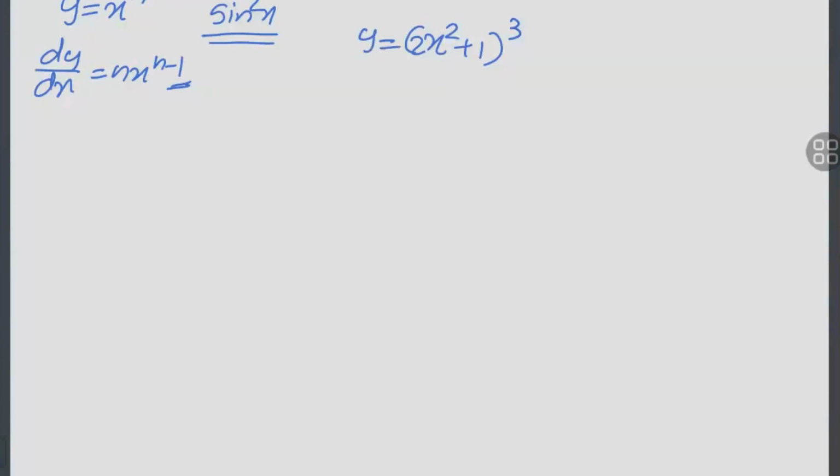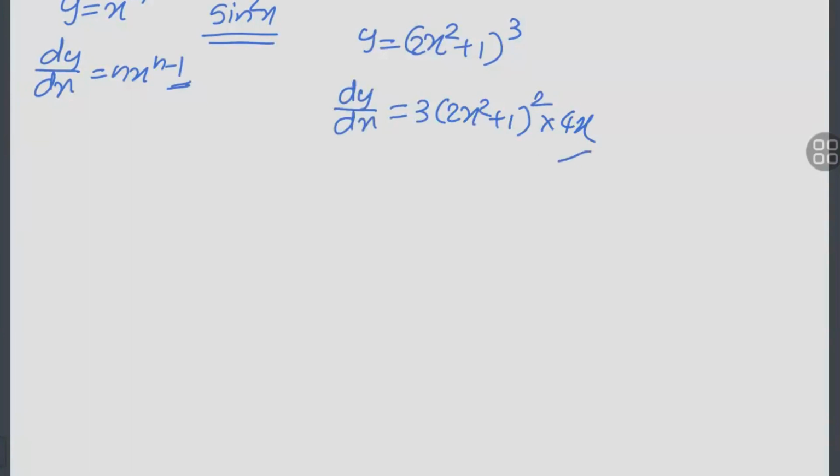Be alert and concerned on this question. Now dy over dx answer: if you write 3 into 2x squared plus 1 squared, you can't forget the inside part, this is 4x. You need to write it, right?